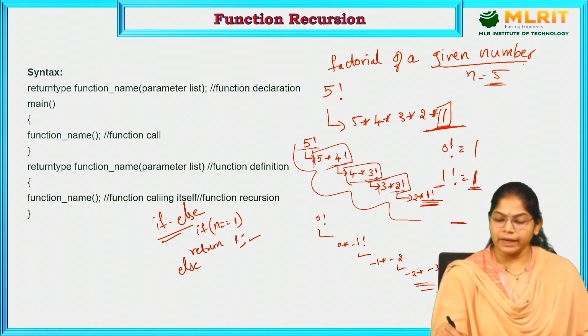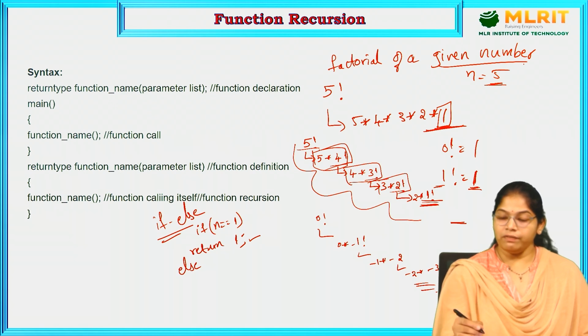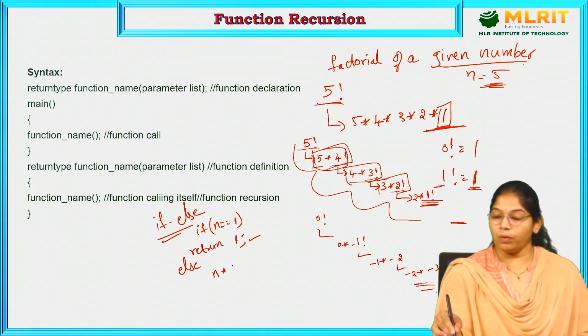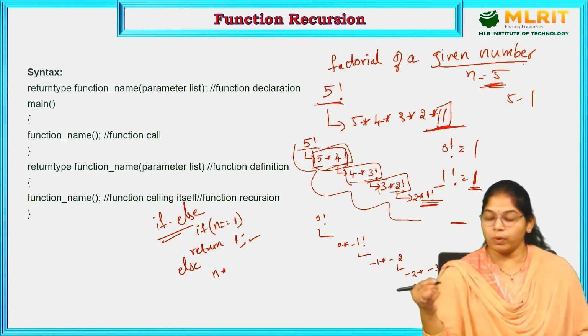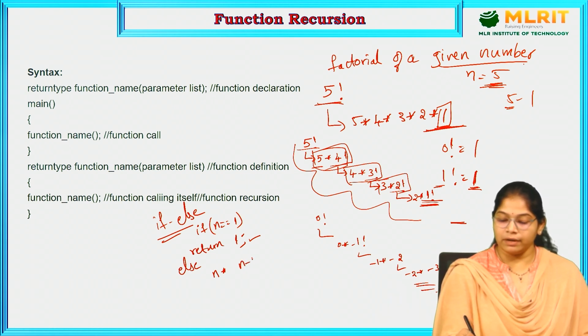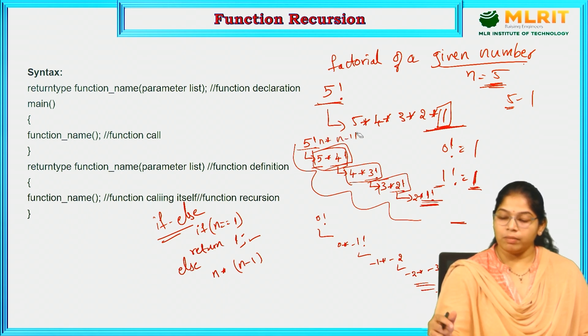If I want to write this 5 into 4, how can I write it? Else, 5 is nothing but n, where n is 5, n into 4. 4 means 5 minus 1, where 5 is n, that is n minus 1. So this we can write as n into factorial of n minus 1.